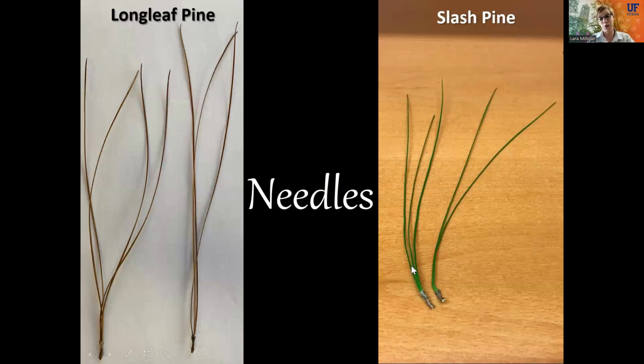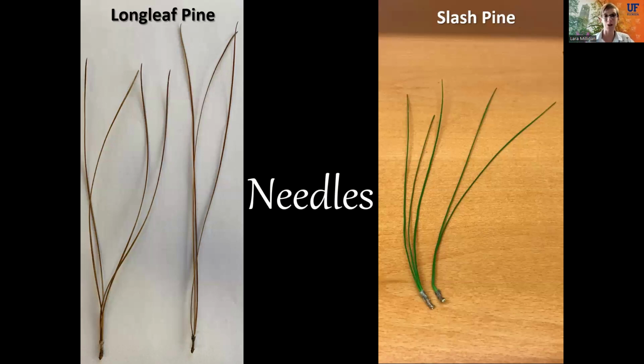Now over to the slash pine, you can see I have here featured a pair of 3 and 2. And these are found again on the same tree species. You'll see them in both 3 and 2. More often it's 2, but you will also see 3 on there, and much more commonly than the 4 on the longleaf pine. So if you're seeing 2, that's helpful. And okay, that's a slash pine because you won't see 2 on a longleaf pine.